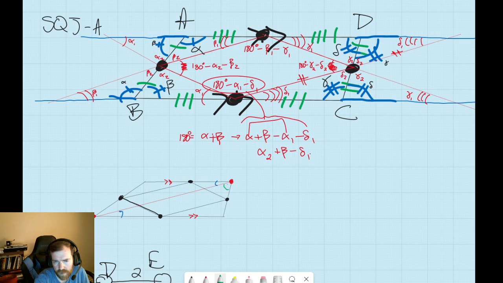Okay, this one here is going to be congruent to this one here, right? The other half of that angle, because again, those are parallel to each other.